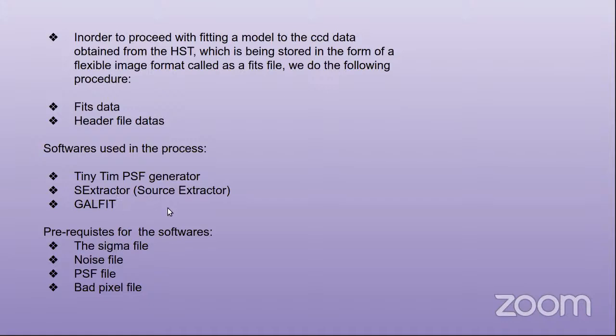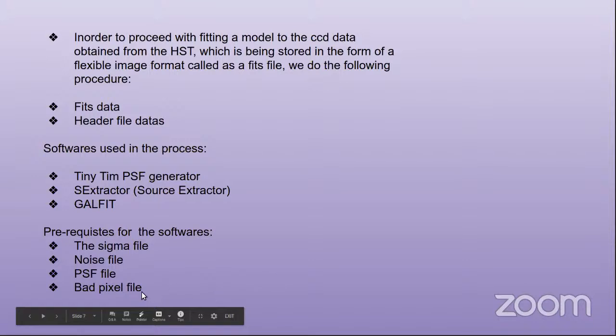The prerequisites for Source Extractor and GALFIT are: we need a sigma file, which is the noise file. The noise file is the Poisson error for each of the pixels in the data file. Then the PSF file. Here I have used the given PSF file for the Coma cluster for the HST telescope with the WFC camera. Then we need a bad pixel file. In this case, I haven't used any bad pixel file.